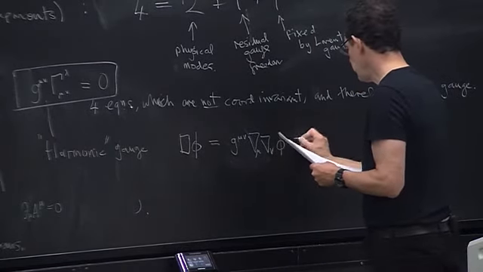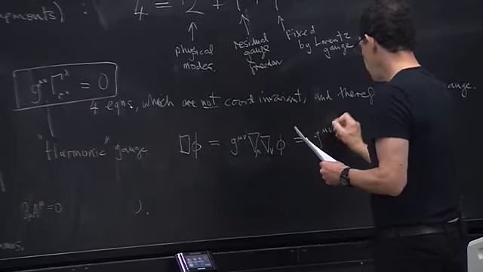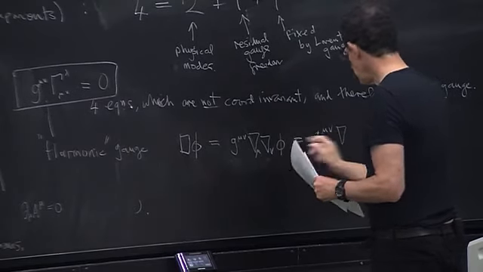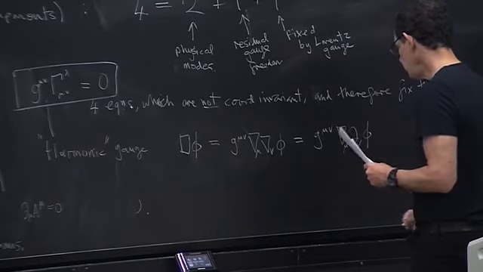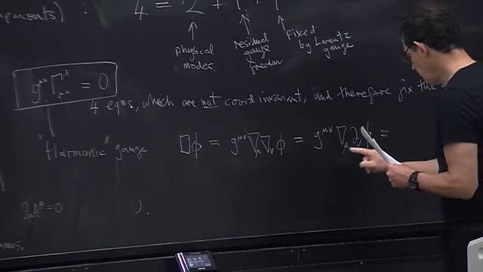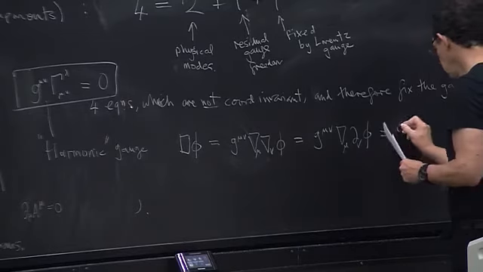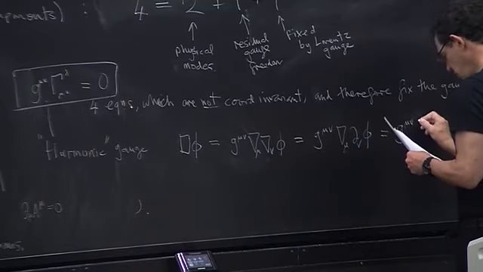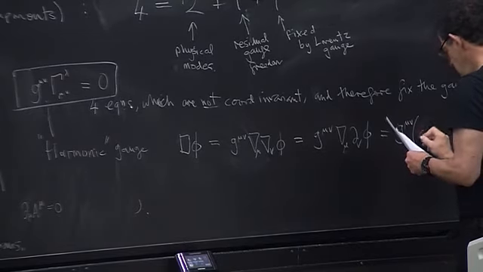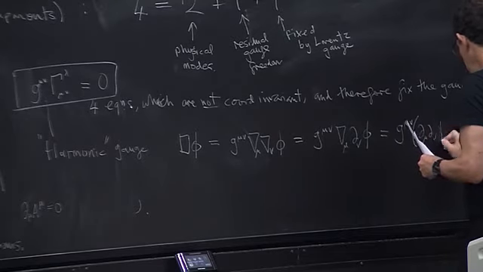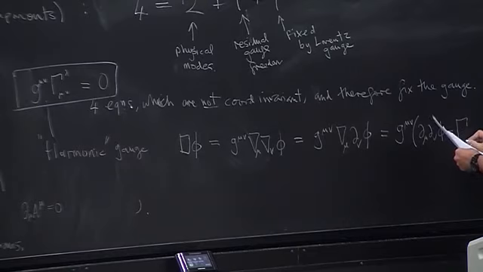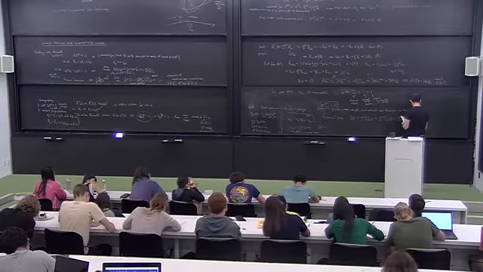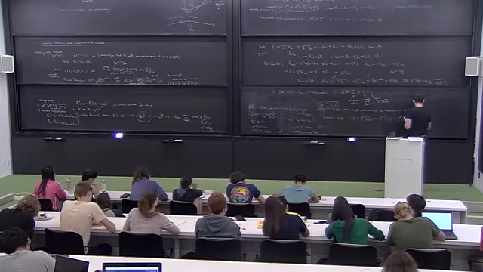Now, the covariant derivative on a scalar is just the ordinary derivative because there are no indices on the scalar, so you don't need the connection. But this term generates a connection. So this gives you g mu nu d mu d nu phi minus gamma mu nu lambda d lambda phi.